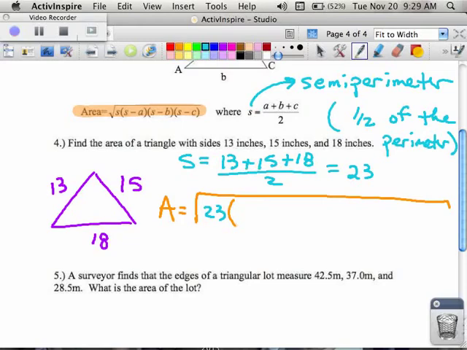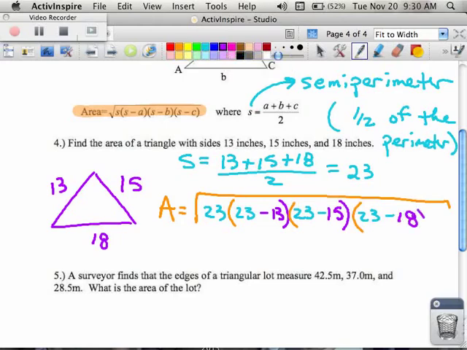So I take that semi-perimeter, 23, take away the first side, which was 13, times the semi-perimeter, which was 23, minus the second side, which was 15, times the semi-perimeter, which was 23, minus the last side, which was 18.